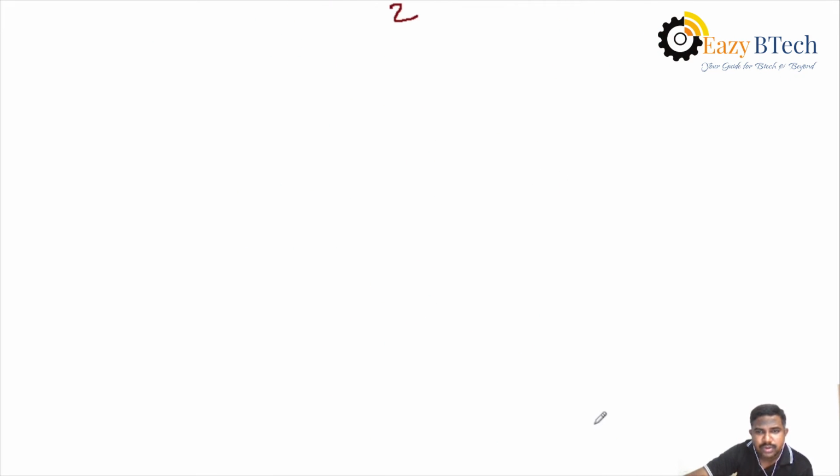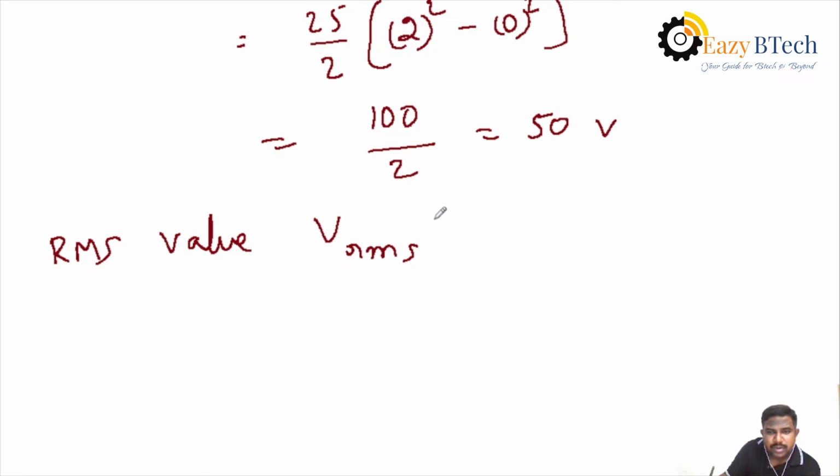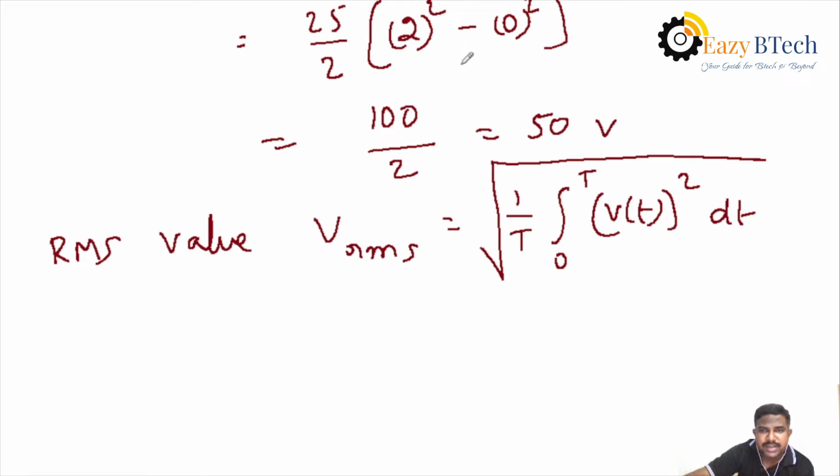In the same way, you have to find the RMS value, which we denote as V RMS. We know the formula: square root of 1 by T integral from 0 to T of v of t whole square into dt, that is the root mean square value.